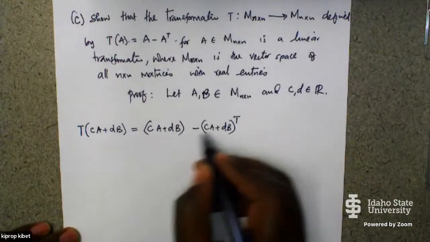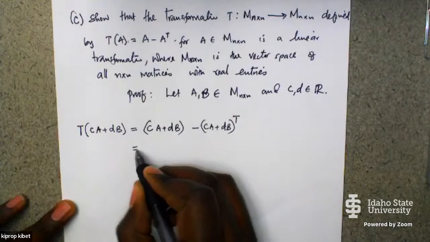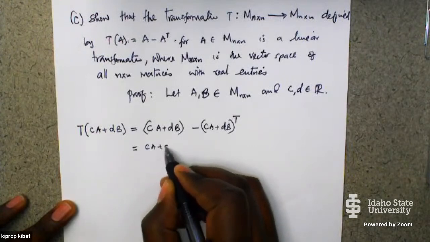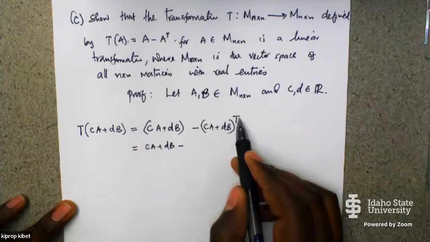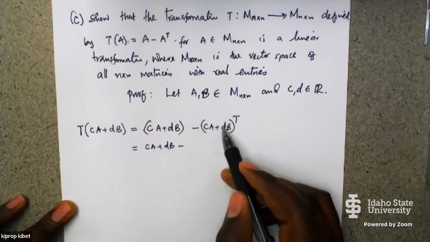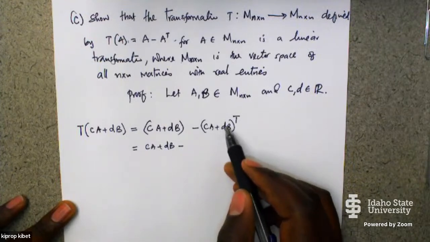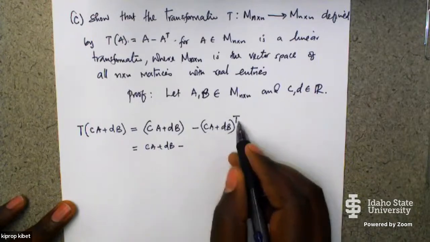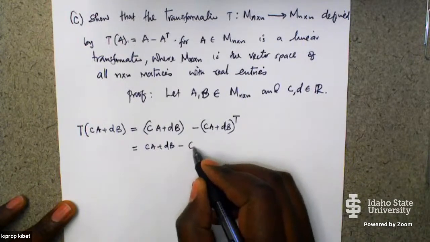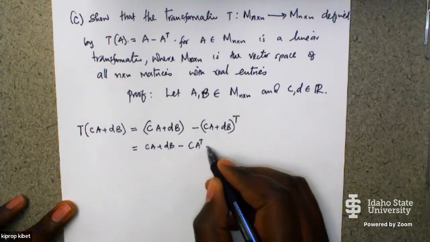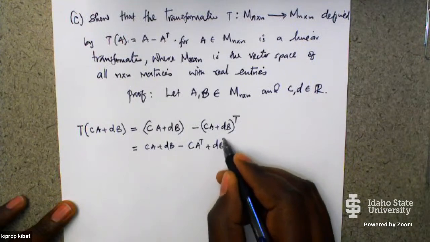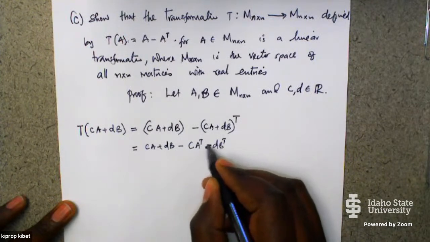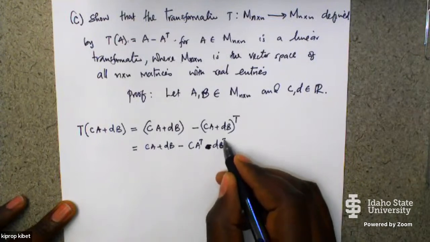When you open this bracket, this is CA plus DB minus the transpose. If we remember how we were using the transpose, we can distribute it: CA transpose plus DB transpose.